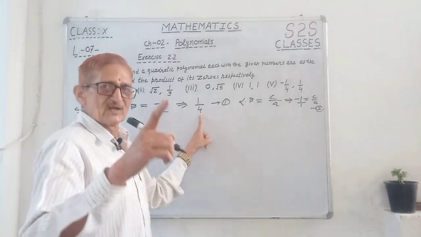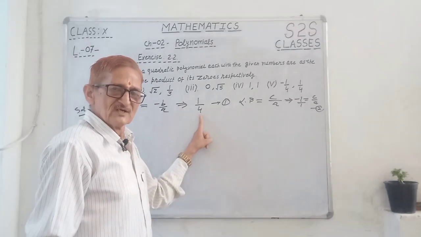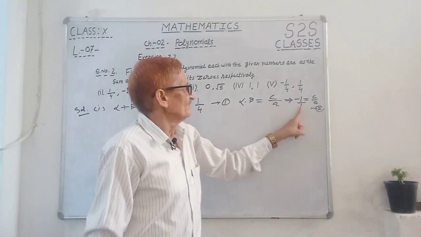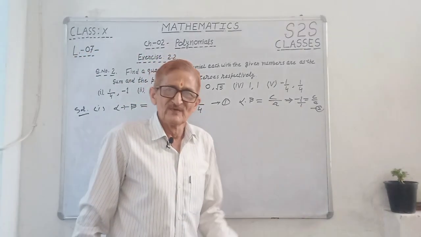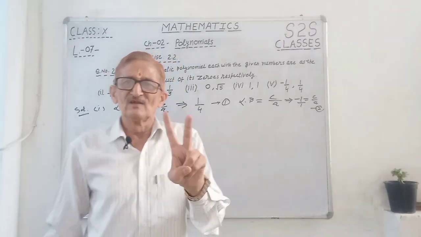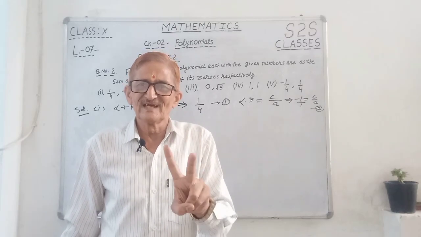A is the same for each question. Ax square plus bx plus c is the standard quadratic polynomial, so a must be the same. The question arises: how will 1 and 4 be equal? If we want to make any two numbers the same, there is always one mathematical tool. What is that?